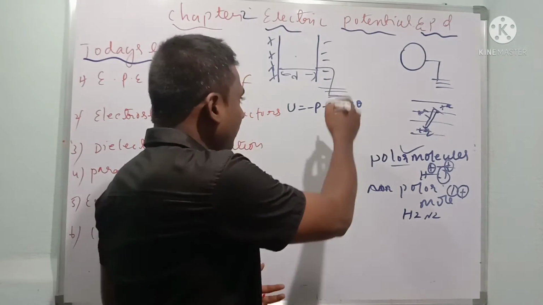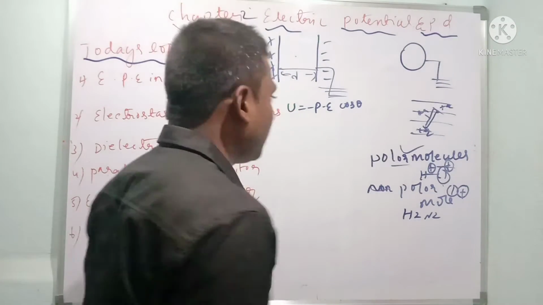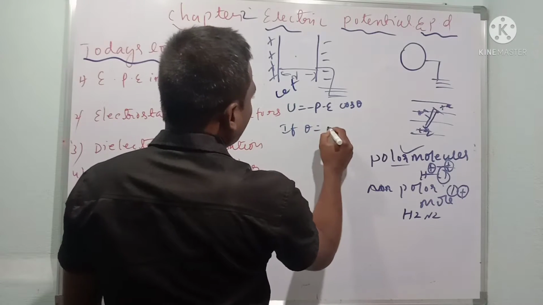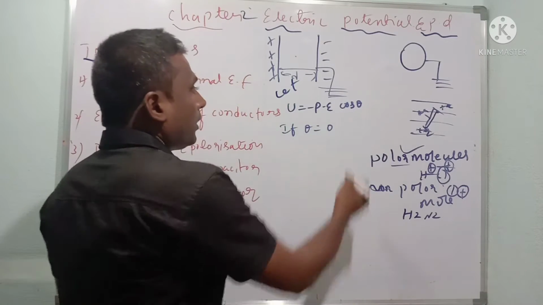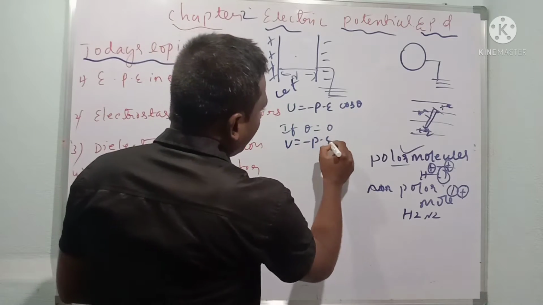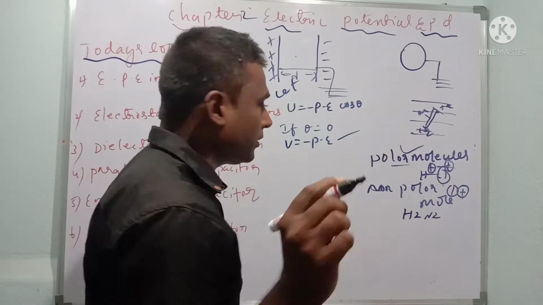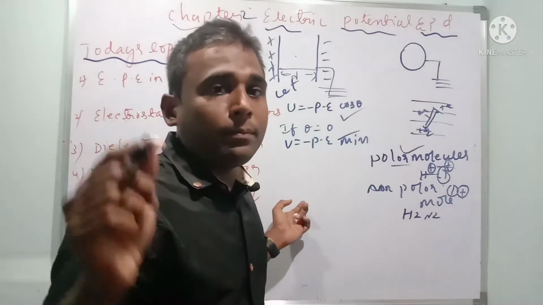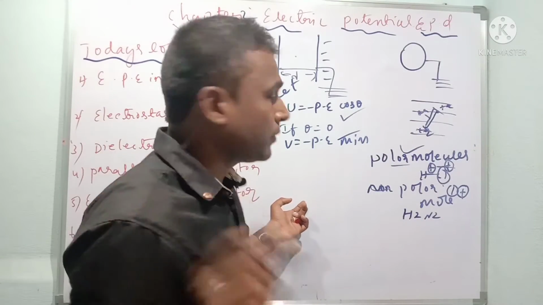Now here come cases very important for CET, children. First case: if theta is equal to 0 degree, cos 0 means 1, so U is minus PE. It means potential energy is minimum and it is going to have a stable equilibrium.